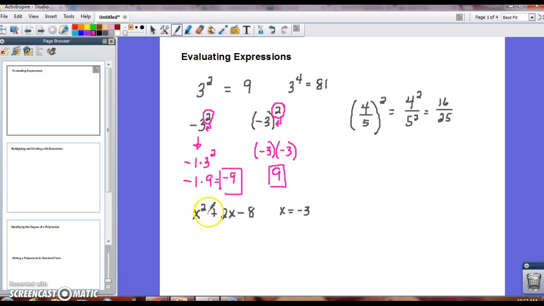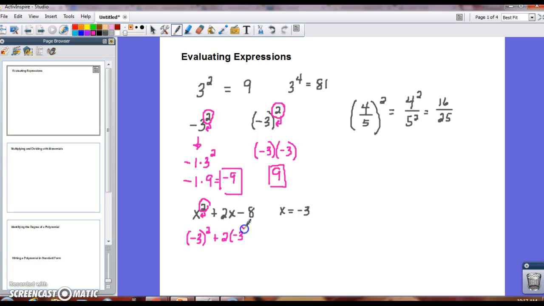Remember that this exponent applies to what it's directly next to. It's directly next to x, so it's going to apply to all of x, which means I want to make sure that I put all of x in parentheses. That way that power applies to the whole thing.